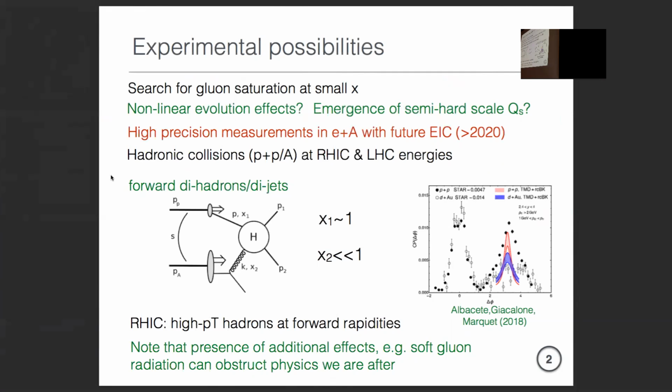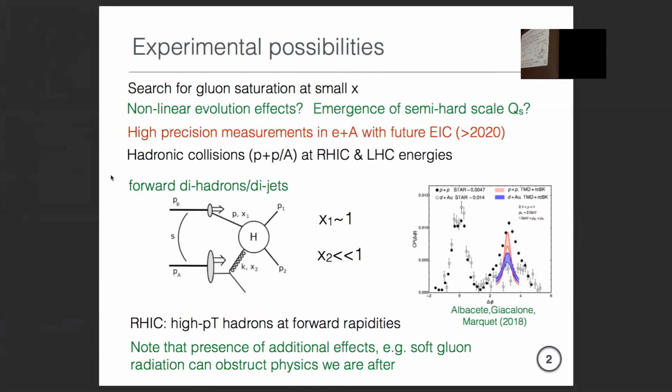One is nonlinearities, which can potentially occur either in the evolution, or they could also be nonlinearities in the interaction of a probe directly with the target, so this would not be tied to evolution. Ideally, we would like to see the emergence of a semi-hard scale Q_s. I think this is what we should be aiming for.